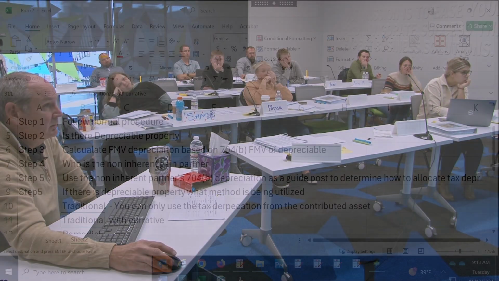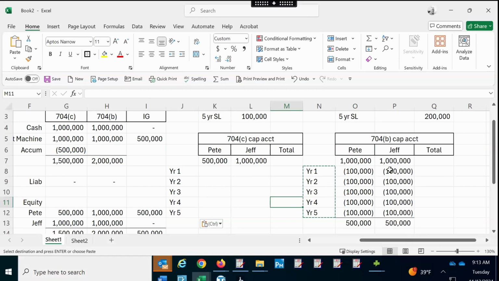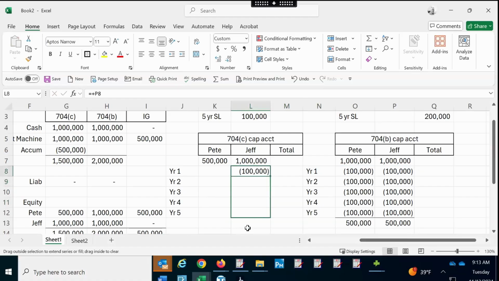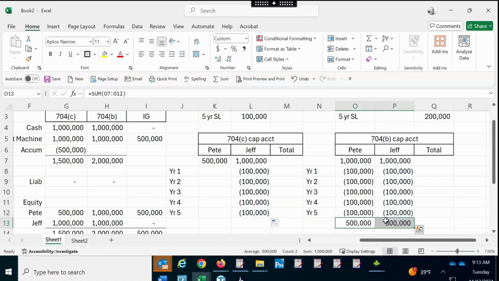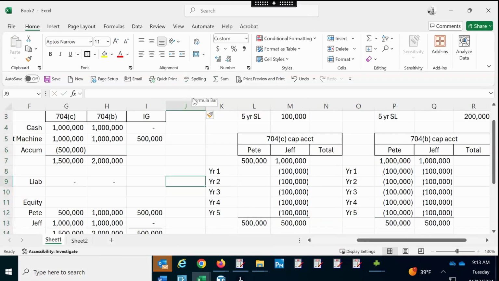So what's the rule that we have, Brett? You can only use the tax depreciation from the contributed asset. Okay, so how much depreciation is Jeff owed? 100,000. How much do I have available? 100,000. Okay, so look what just happened.